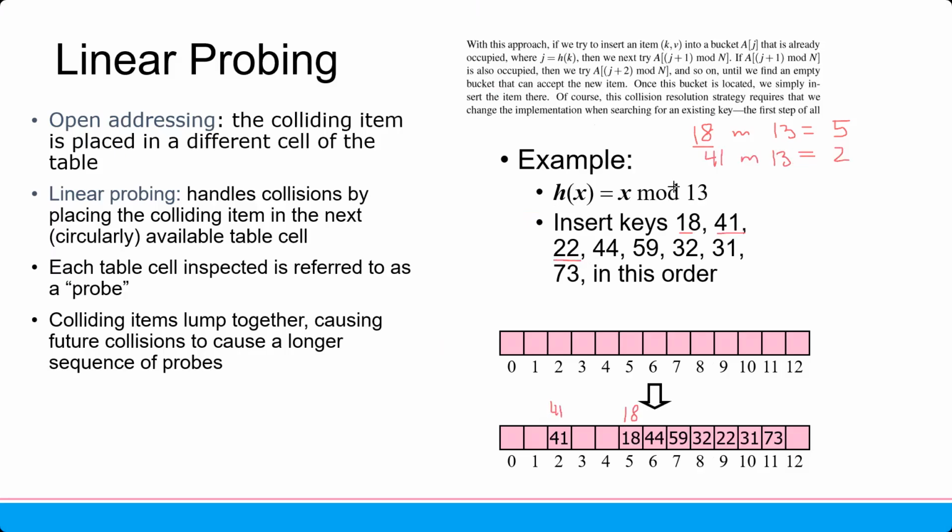22 mod 13, the result is 9. Okay, and we put 22 in index 9.